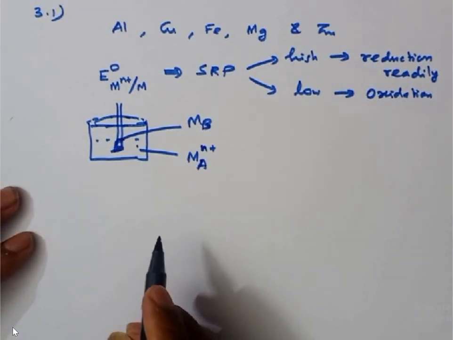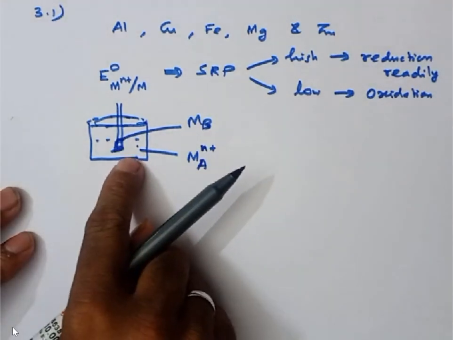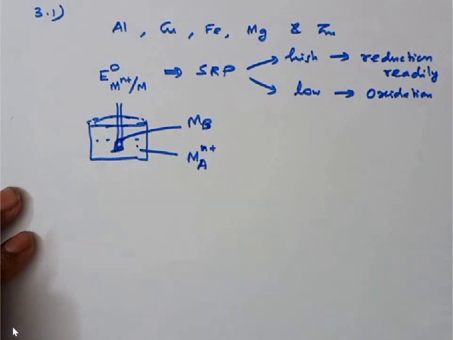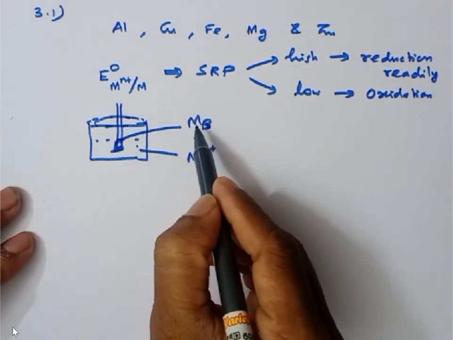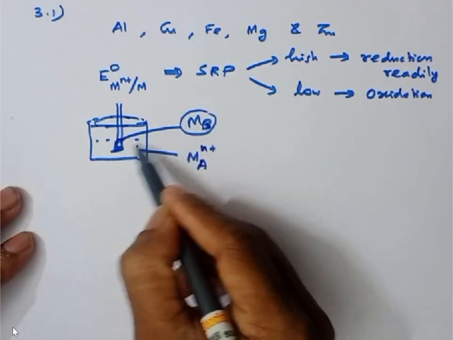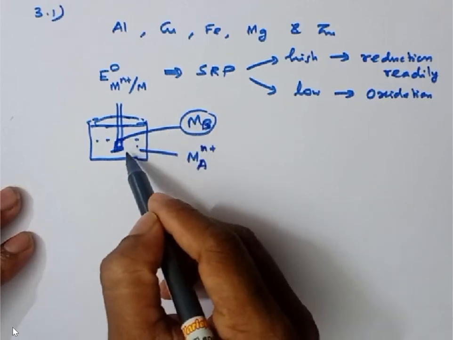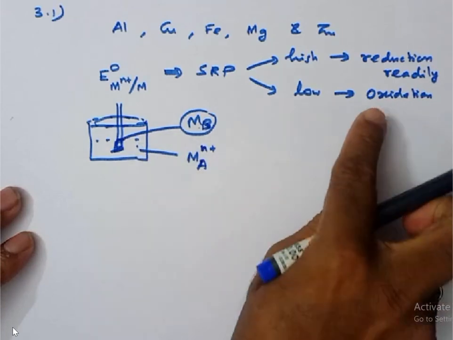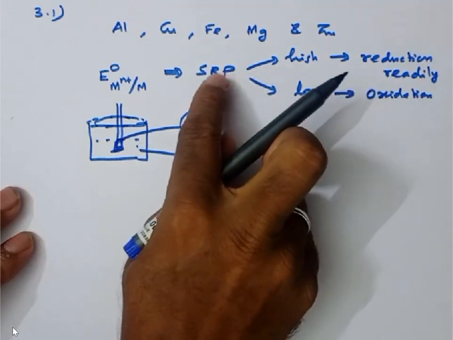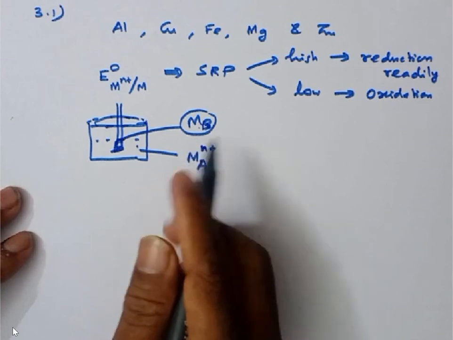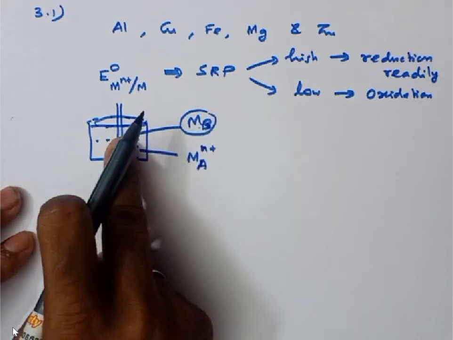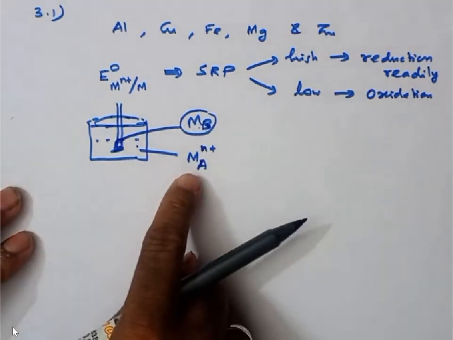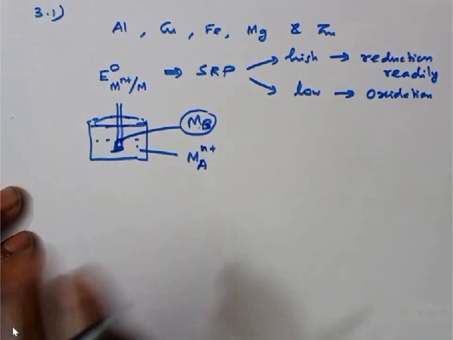Can this metal displace this metal ion in the solution? For this, the metal should undergo oxidation readily, and for oxidation, SRP value is low. So if any metal has low SRP compared to the metal ion in the solution, then that metal can displace it.